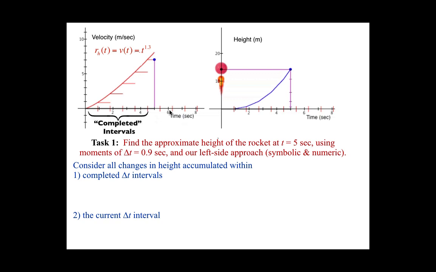Those completed intervals, as compared to the current interval, the one we're in the middle of when I'm talking about time 5, have the same general structure. It's an m dx, or rate, times the amount of time for which I use that rate. It's just that for the first 5 rates, I use them all for 0.9 seconds.